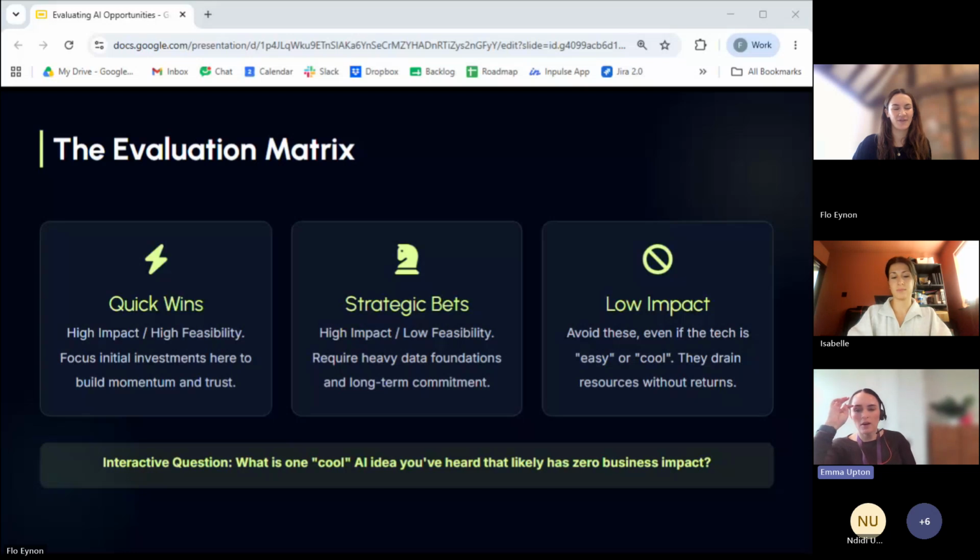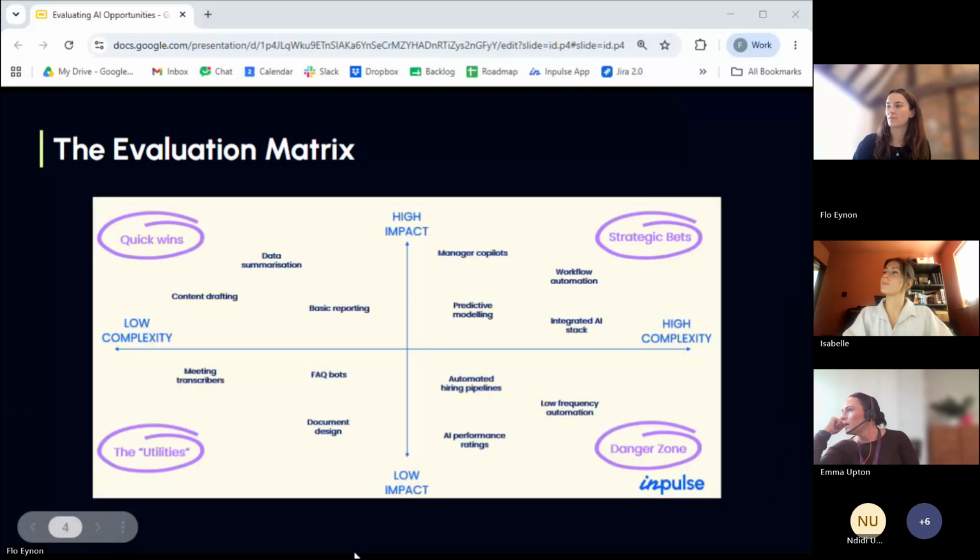Yeah, just from an HR perspective, I think one of the things that AI is being used for, but maybe isn't having as much business impact as hoped, is around recruitment. I know you had it on your slide previously, in the danger zone. It's tricky.